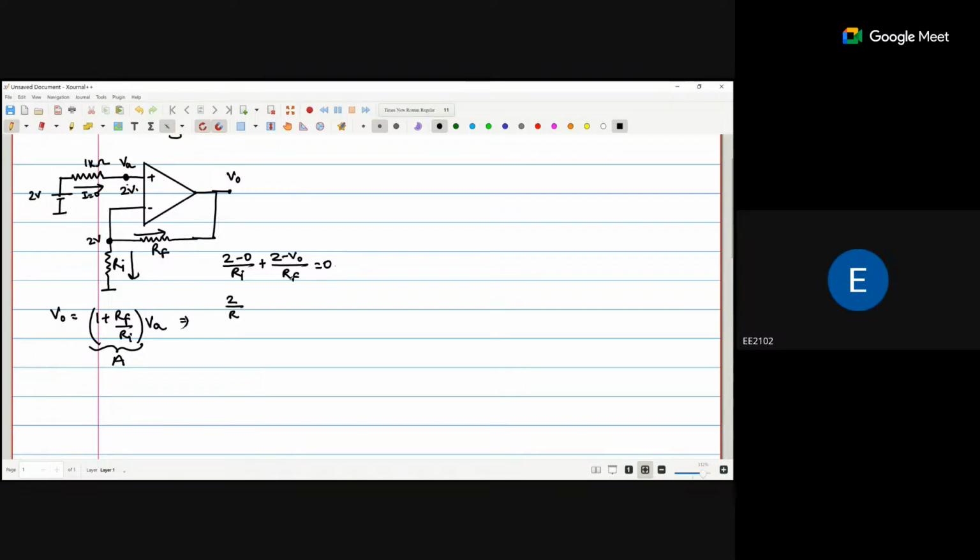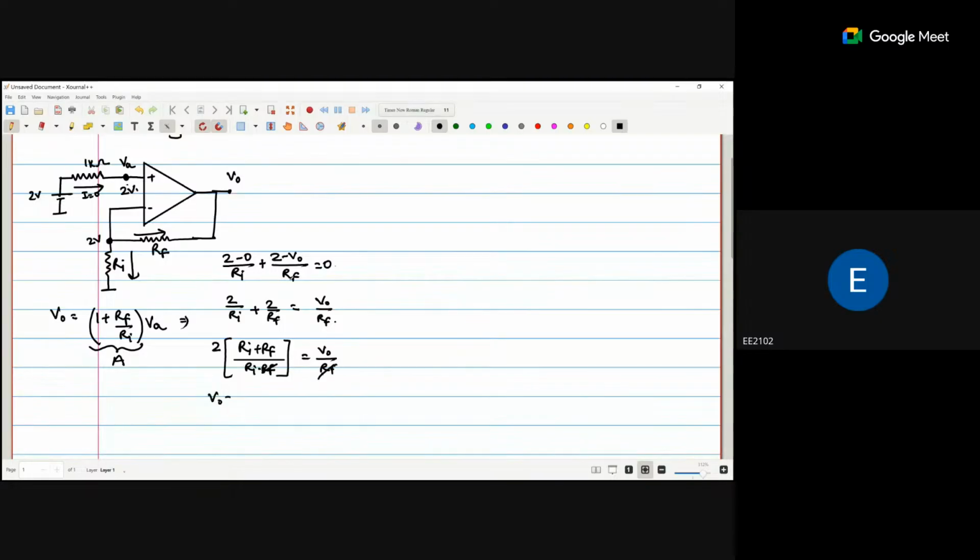So 2 upon Ri plus 2 upon Rf is equal to V naught upon Rf. If I take the LCM, taking 2 outside, it is Ri plus Rf upon Ri times Rf, equal to V naught by Rf. Rf and Rf cancel out.